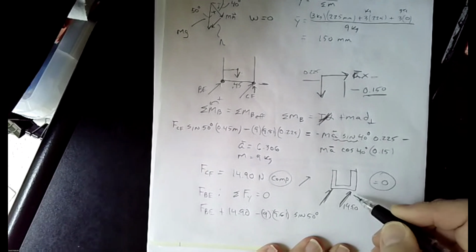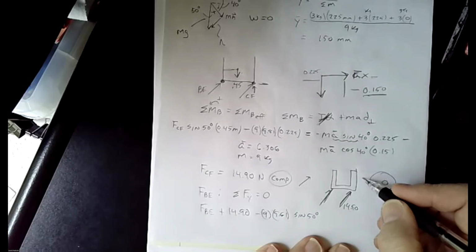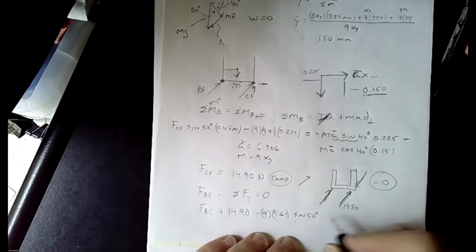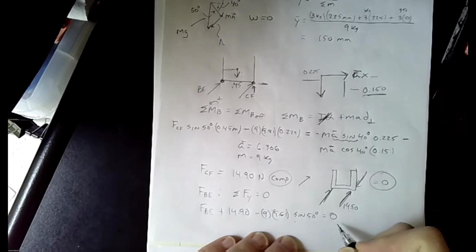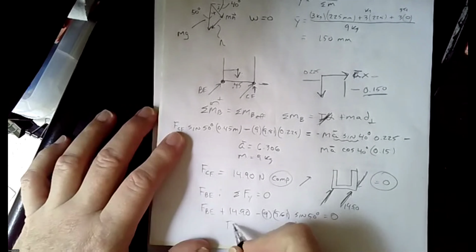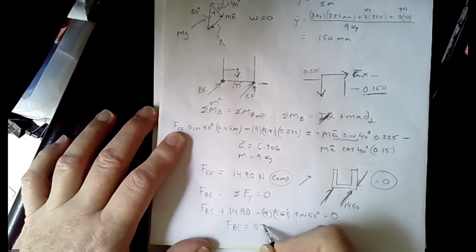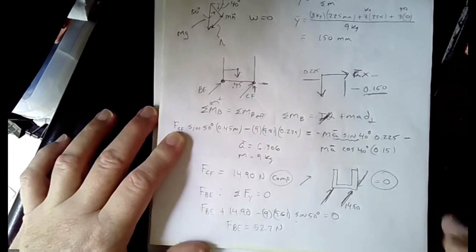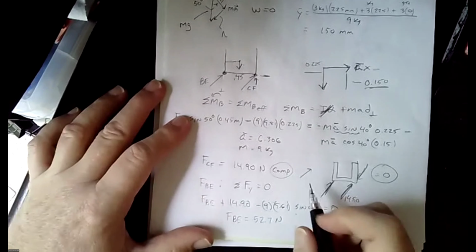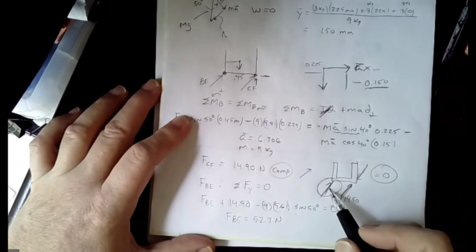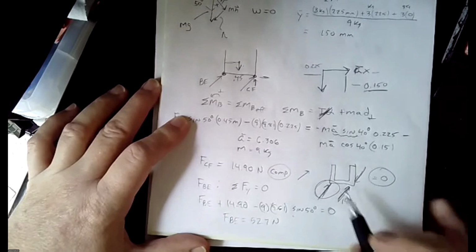So I'm saying, what is the weight in that direction? So using that, and that all has to be 0. And so what I find is FBE is equal to 52.7. All right. So if you guessed that this side would hold the lion's share, then you are correct.